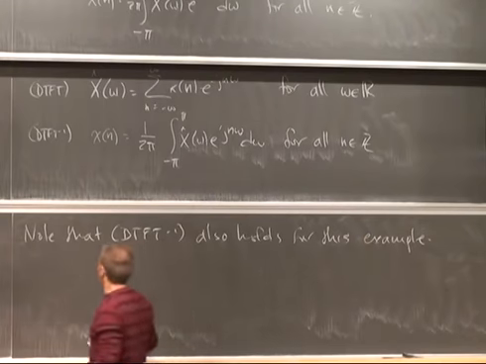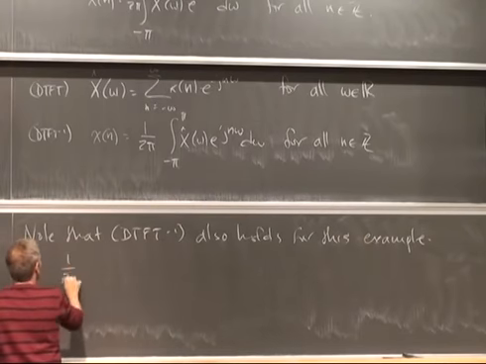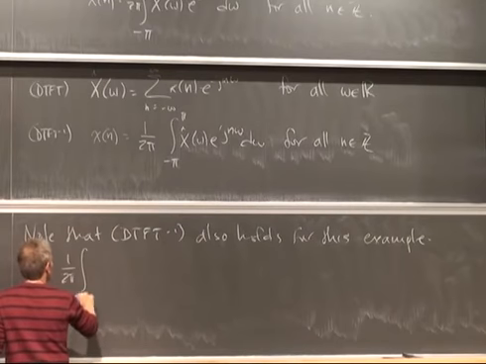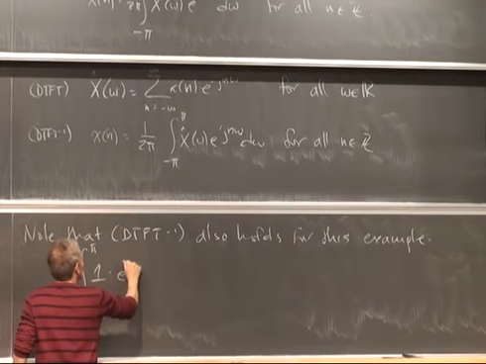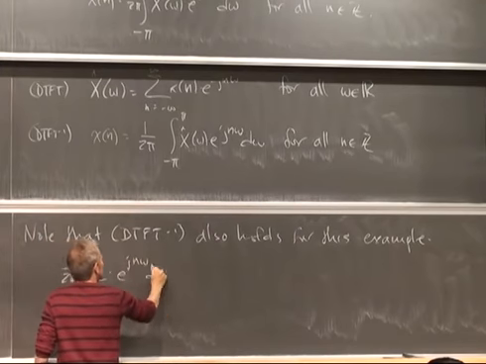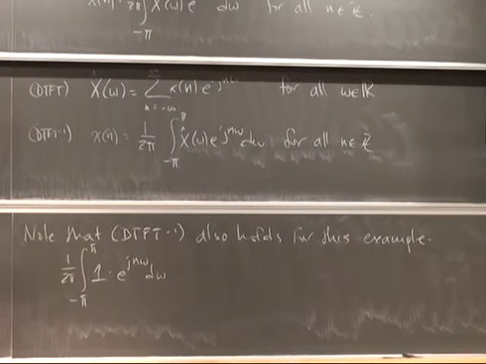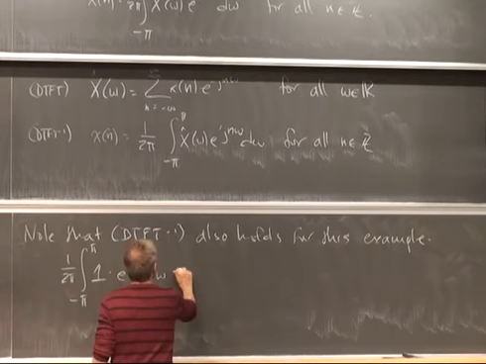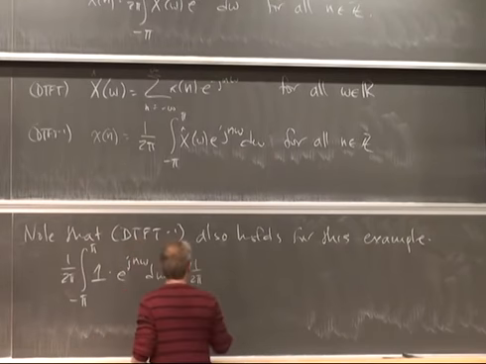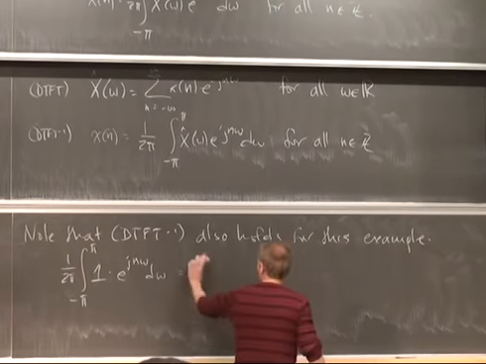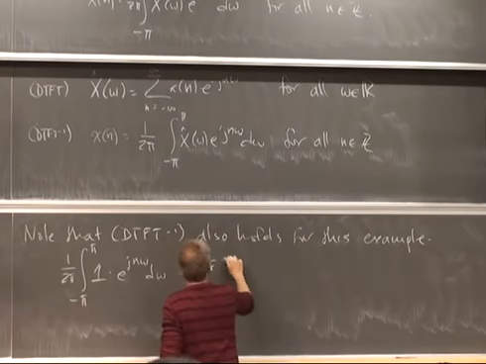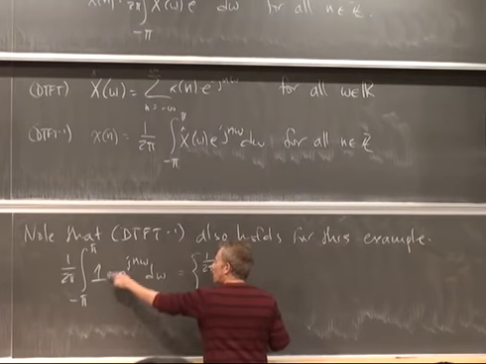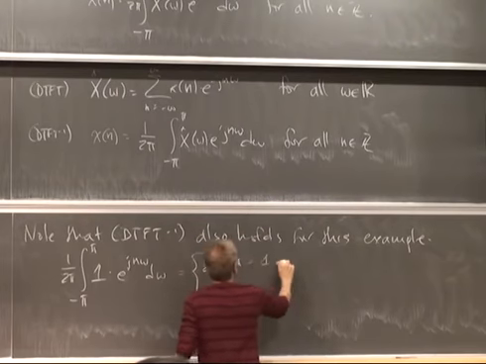If I plug the constant function 1 into equation DTFT inverse, 1 times e to the j n omega d omega integrated from minus pi to pi and divided by 2 pi, what do I get? I get 1 over 2 pi, and there are two cases here. When n equals 0, I get 1 over 2 pi times 2 pi, because I'm integrating 1 from minus pi to pi, and that equals 1.